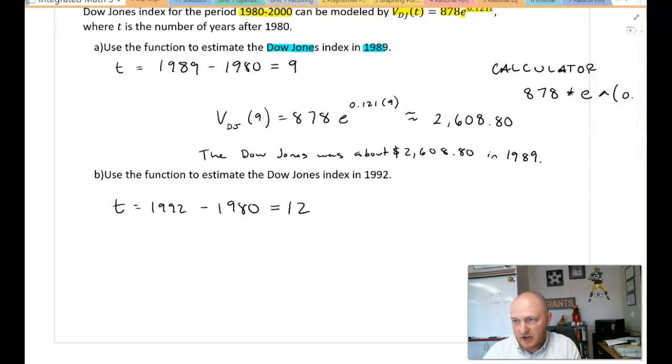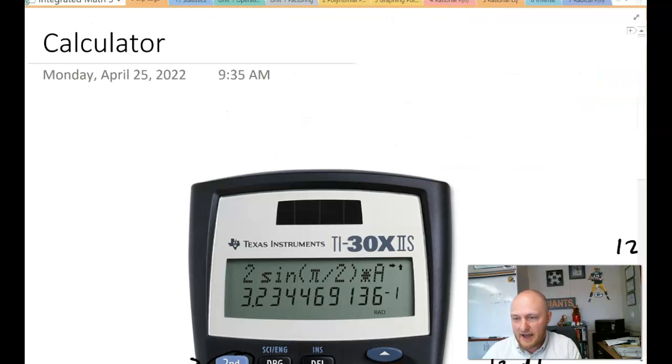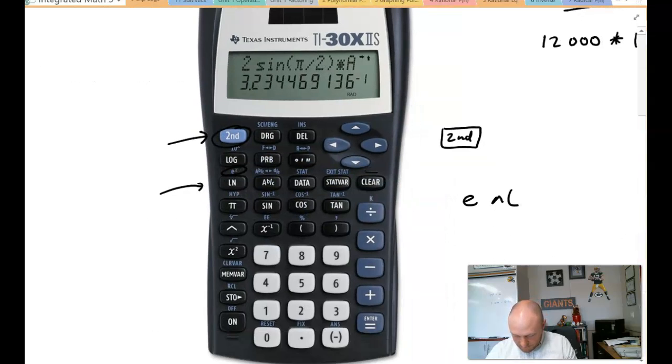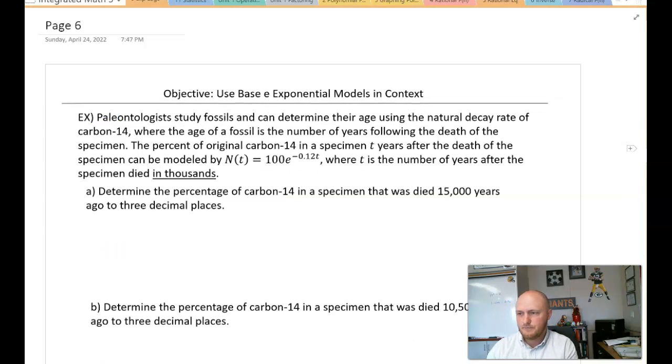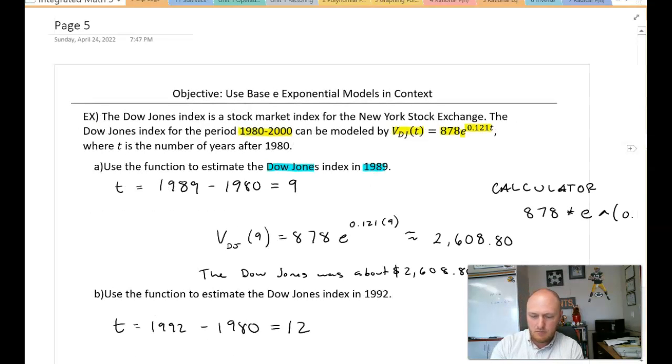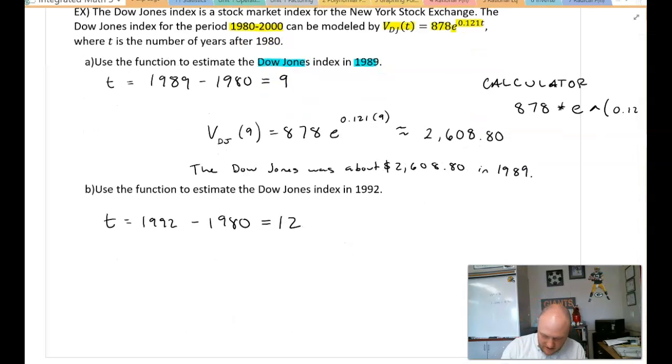And here's a trick on your calculator. If I want to reuse what I had, I hit the up button and I can re-access it. Oh, that's my calculator, sorry. Just hit the up button and then you can edit the exponent in it. We'll enter it at 12, and we get 3,750.